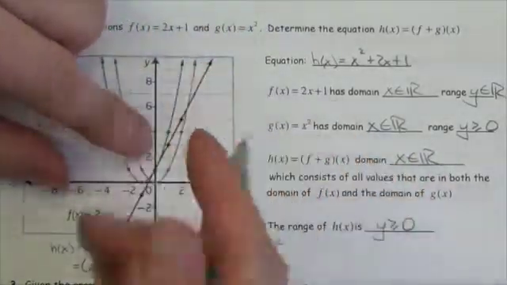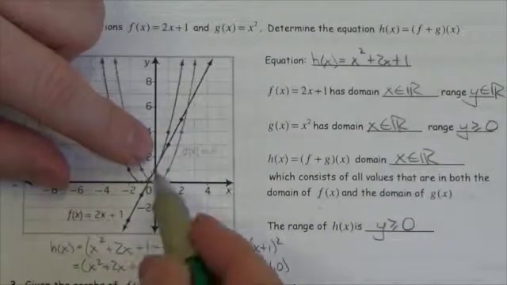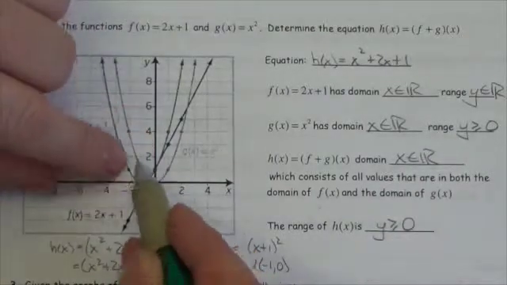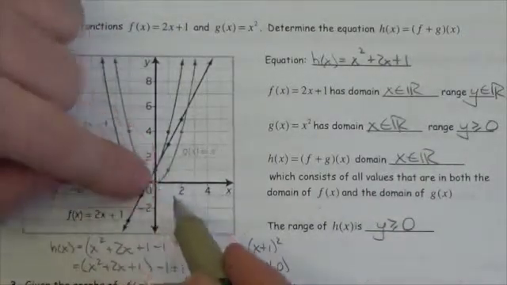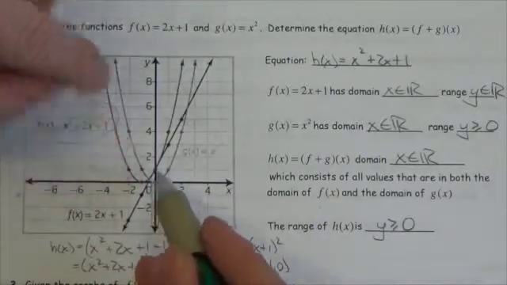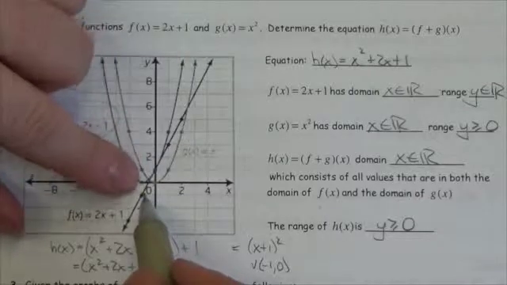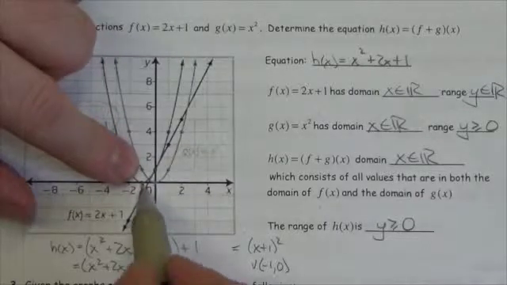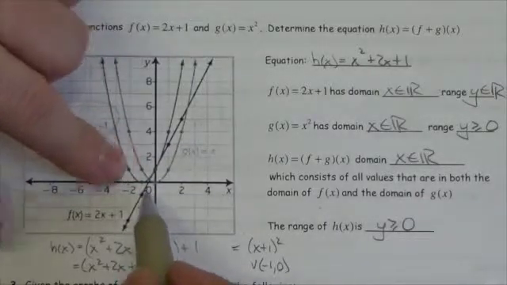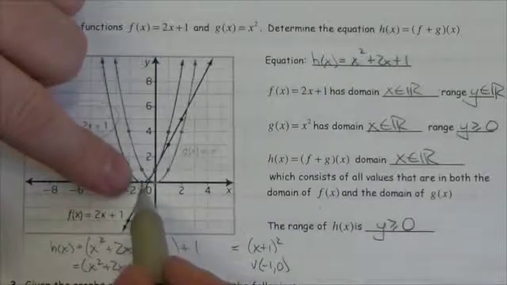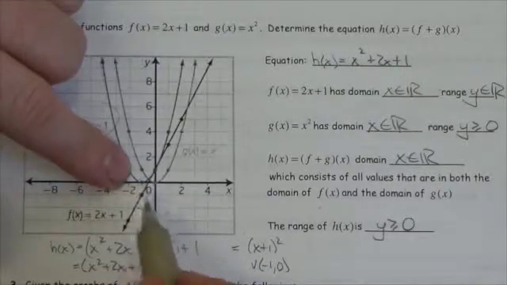Now, as we go to the left of that point right here, the line drops down, but the parabola goes up. So the parabola adds a value, the line subtracts a value. When you go 1 to the left, the parabola's gone 1 up, the line has gone 1 down. So they're going to balance each other out. You're going to get a point there at negative 1, 0.